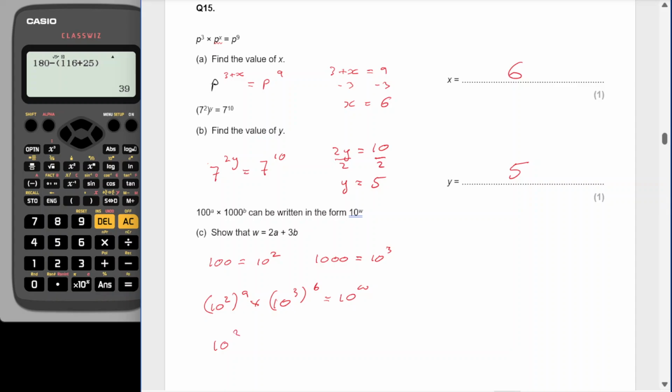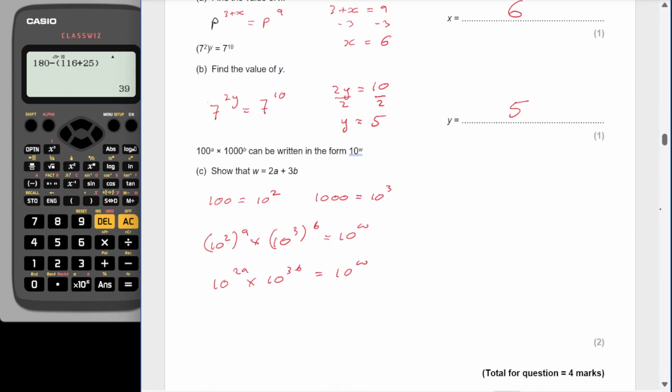So 10 to the power 2a times by 10 to the power 3b is equal to 10 to the power w. And then when we multiply them, we add the powers. So 10 to the power 2a plus 3b is equal to 10 to the power w. So w must be equal to 2a plus 3b.